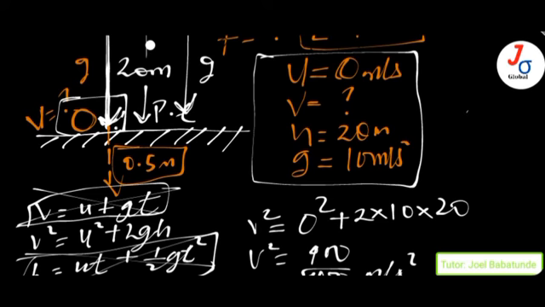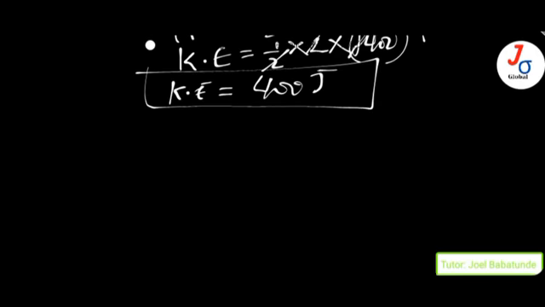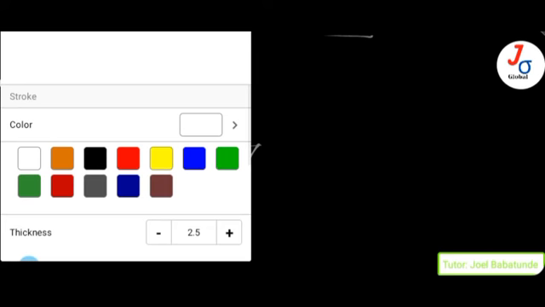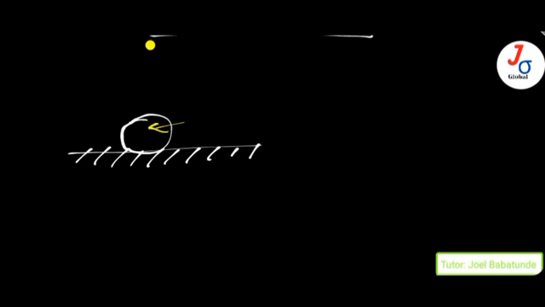That is the energy by the time it gets to the ground. Let me just draw another diagram. By the time this ball gets to the ground, it has a kinetic energy of 400 joules. Remember that energy is the ability to do work.